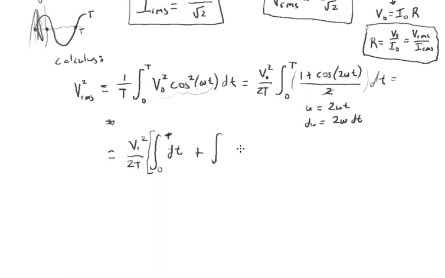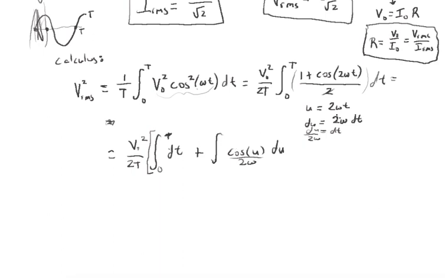2 omega t becomes u, this is cosine u now, and dt equals du over 2 omega, right? So this becomes du with an over 2 omega here. And 2 omega is a constant, so that's not going to matter.